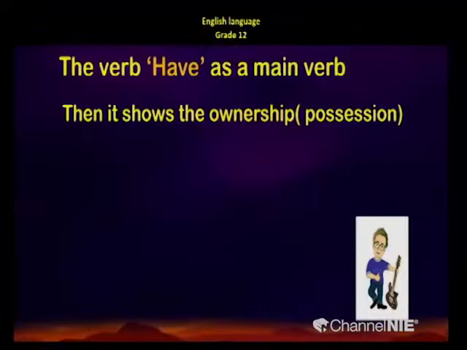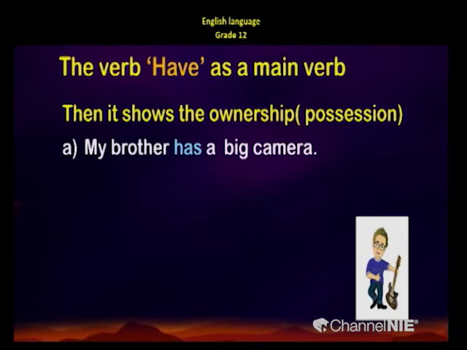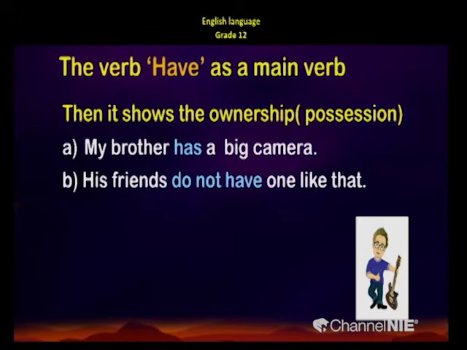Now I'm going to explain another important part where we are going to use the verb have as a main verb. There is a particular difference when we use the verb have as a main verb because it then talks about ownership or possession. You can see a picture and there's a boy: my brother has a big camera. His friends do not have one like that.